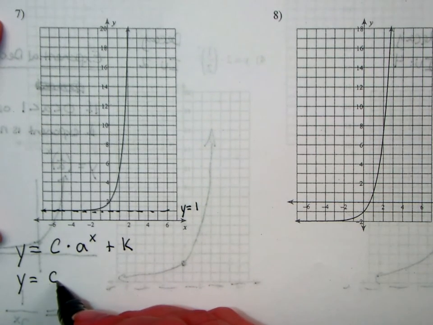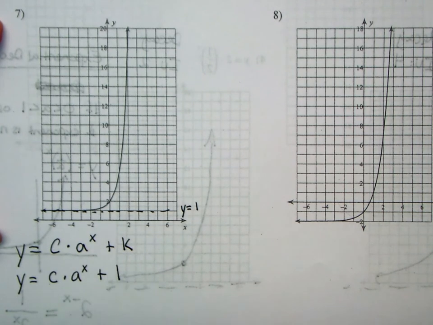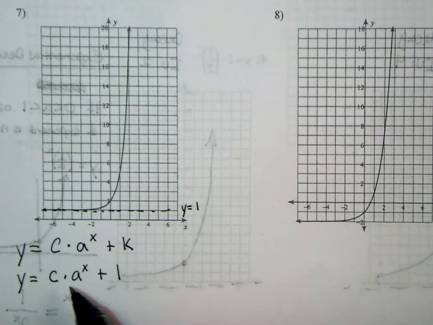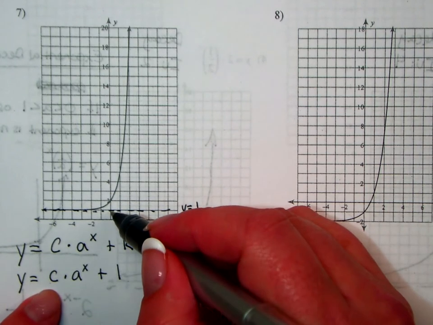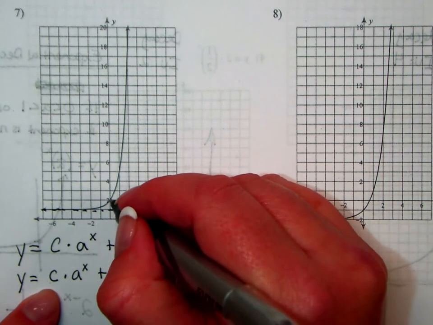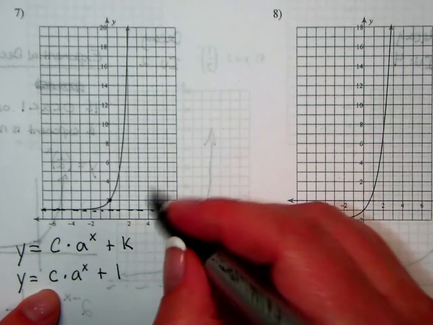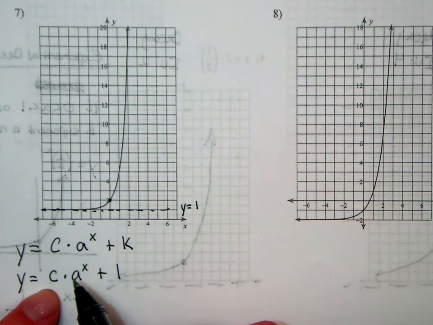So now I have c times a to the x plus 1, if you will. Now what's the initial value? How many units above the asymptote is it crossing the y-intercept? It's crossing the y-intercept at 2, and that's only 1 unit above the asymptote. And so I know the initial value is 1.